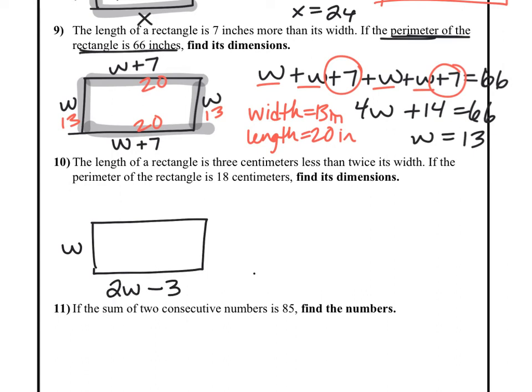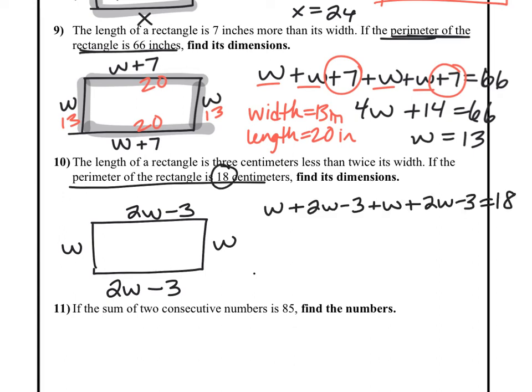So if I do 2 times the width and then I subtract 3, I have the length. This is just like the last one, except that this time the perimeter is 18. So I would label all 4 sides, since the opposite sides are the same, and add them up and set them equal to the perimeter, which is 18. Go ahead and solve that equation by combining like terms and then solving.